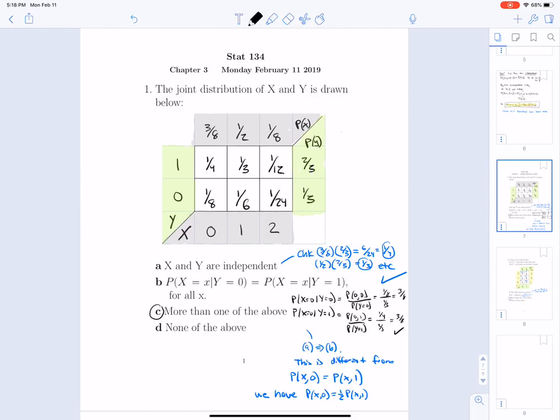And furthermore, if you have independence, then it shouldn't matter whether you're conditioning x on y is 0 or y is 1. So these must be the same. So actually B follows from A, but you can also check, as I've done here, that they're both 3/8.